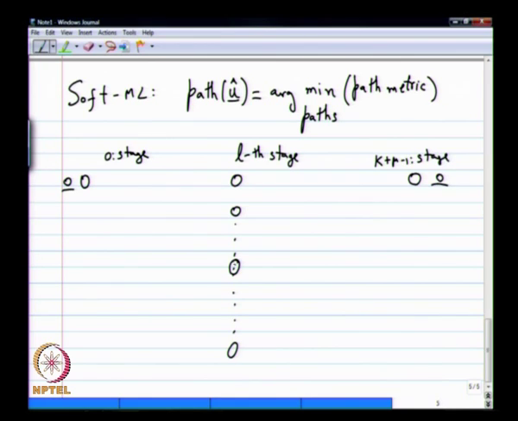Let's focus on some particular state, let's say state I, on the lth stage. Now if you look at paths from the all 0 state at the beginning to this state I in the lth stage, there will be several paths, right. Let's draw a whole bunch of them. I am going to draw them dotted.